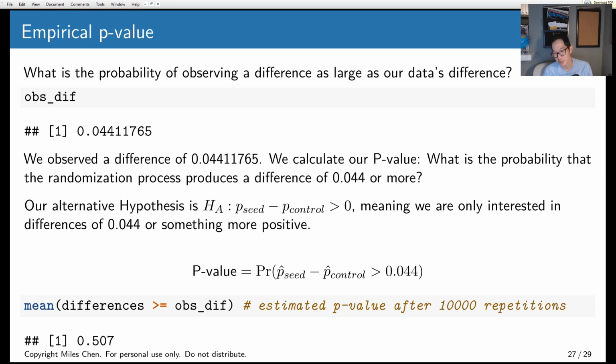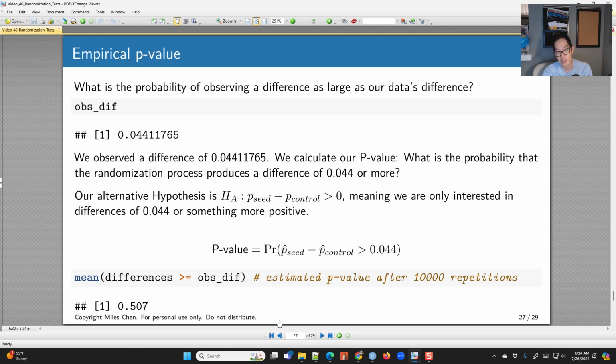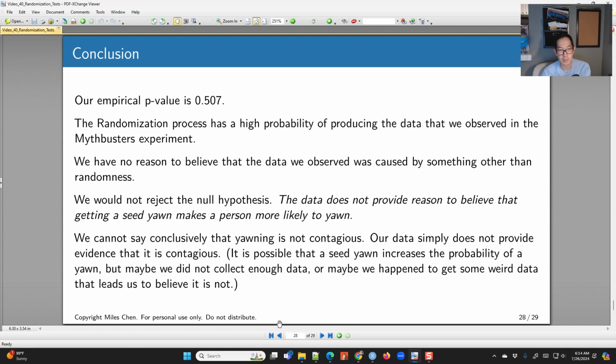So the Mythbusters video was like, oh, this difference of 4%, it's not huge, but it's significant. We definitely say yawning's contagious. It turns out, no, you could have gotten this difference just by random chance, okay? So we're not convinced that this produces evidence that yawning is contagious, okay?